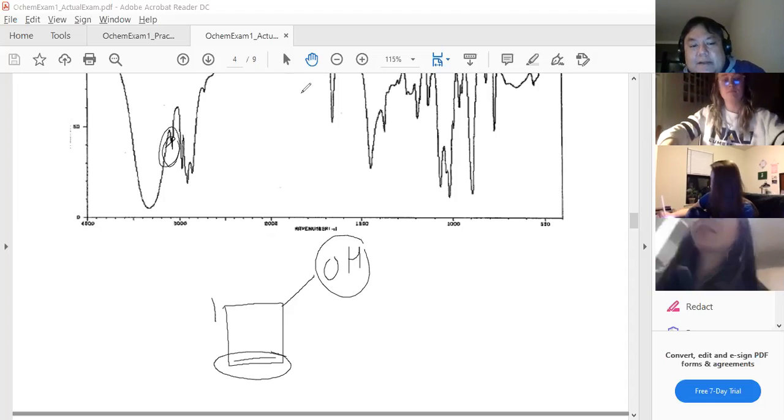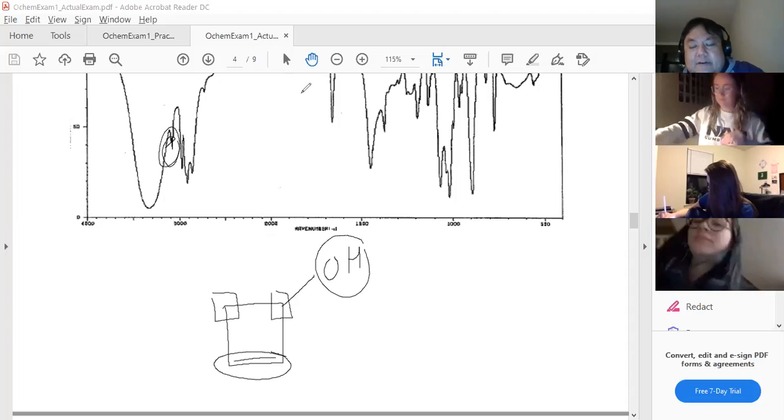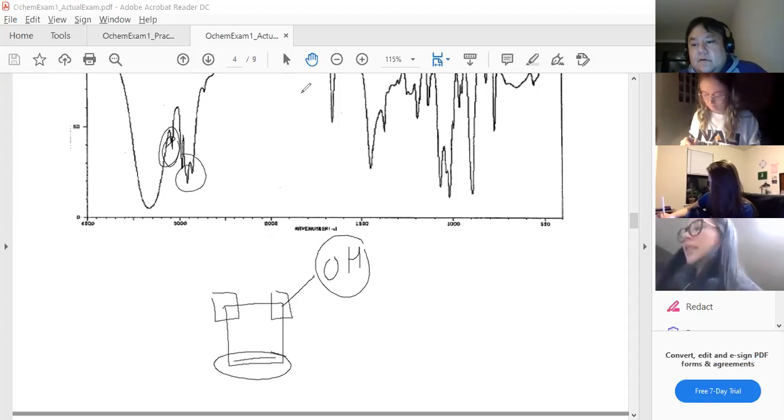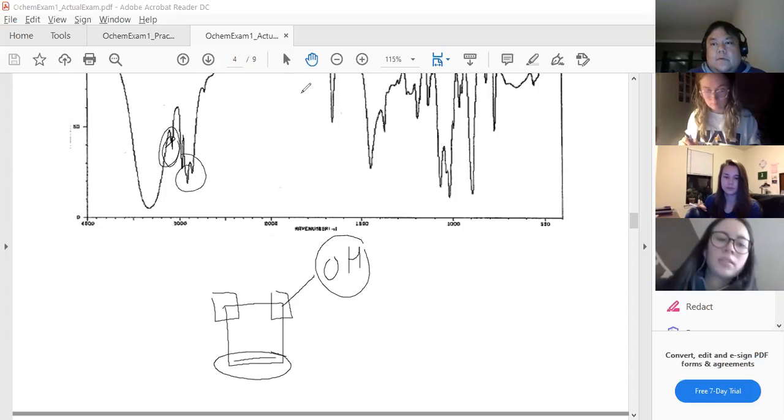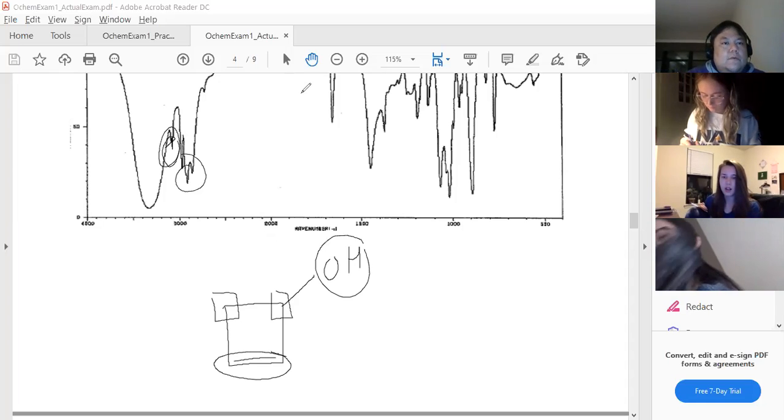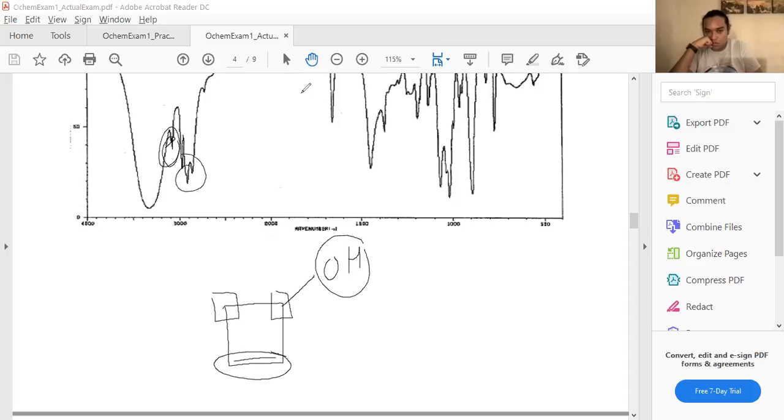And I have sp3 carbons, which I said I had to have here. Does that make sense? Do you guys see all of those from my IR? Remember, if you're ever unsure about something, don't hesitate to send me a chat or speak up and say, I literally don't know where you're drawing this.